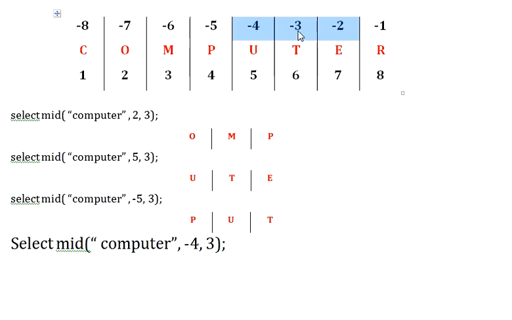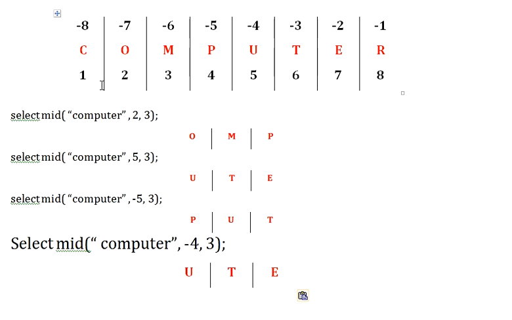So these 3 characters will be fetched and it gives the output over here. So if the second argument is positive, it reads from left to right, and if it is negative, it starts from the right side and goes towards the right itself to display the result. So you have to remember this.